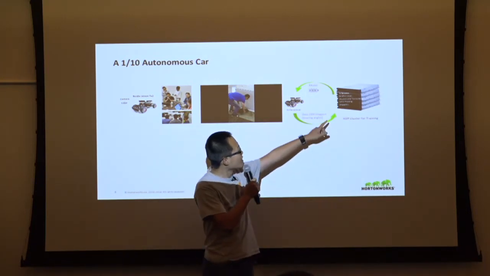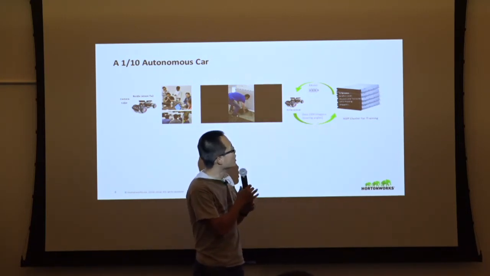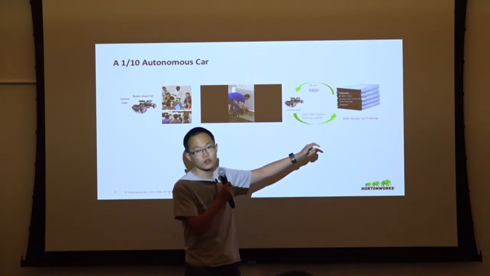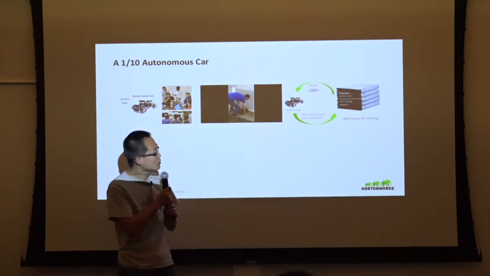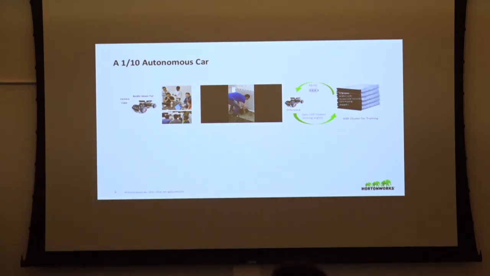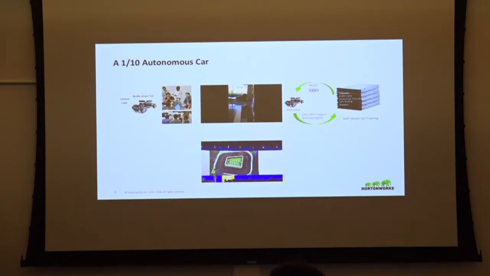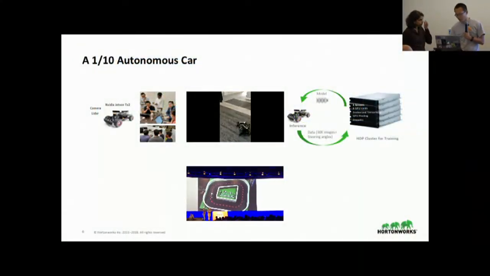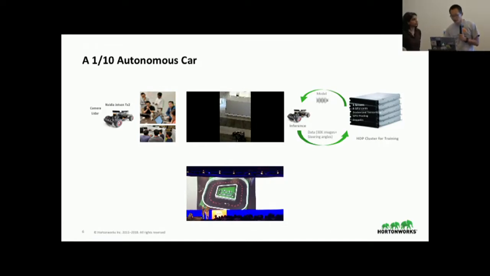We use 6 GPUs, and we use this cluster to do the training. Once the training is done, we deliver this model back to the car. And this is a final run. I think later Suma can show better videos once she does the demo.